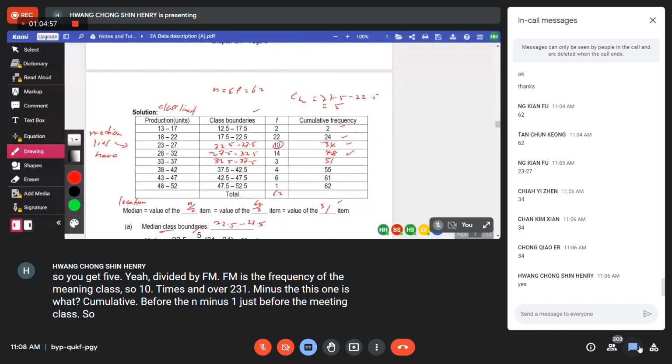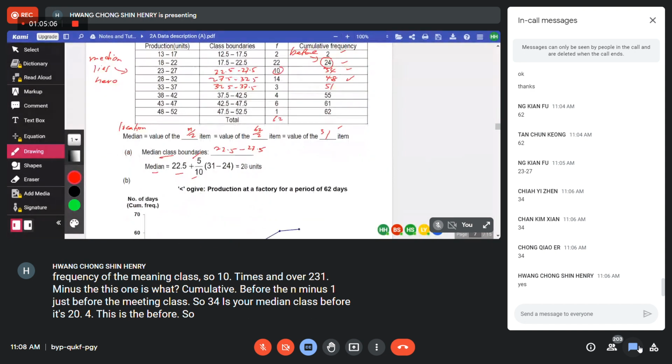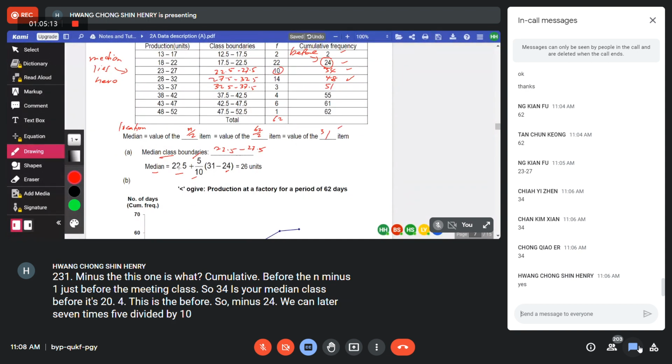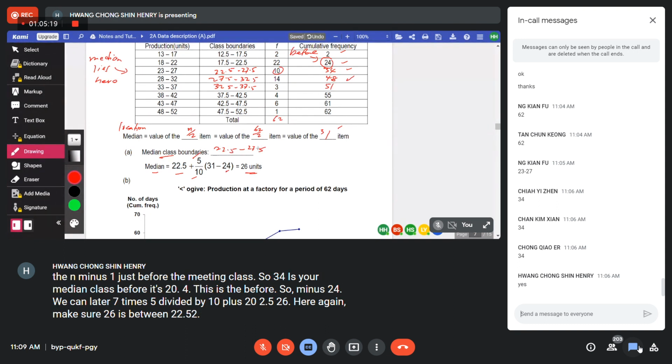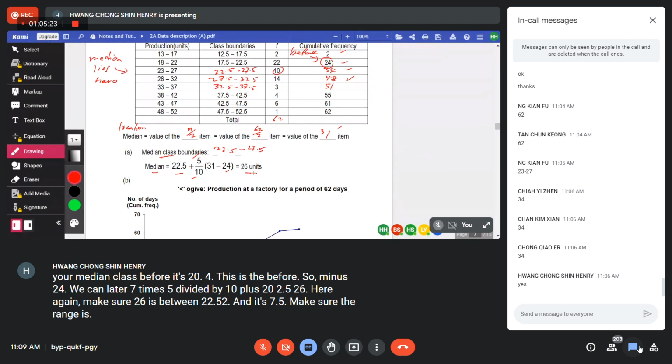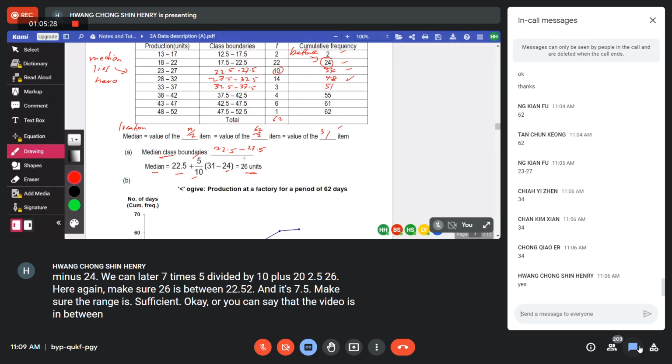So 34 is your median class, before is 24. This is the before, so minus 24. On the calculator, 7 times 5 divided by 10 plus 22.5 is 26. See again, make sure 26 is between 22.5 to 27.5. Make sure the range is sufficient, or you can say that the median is in between the classes.